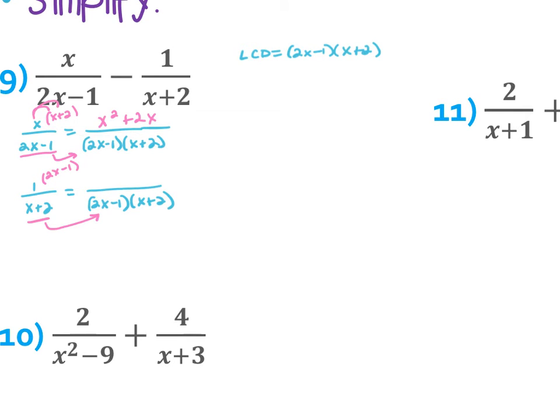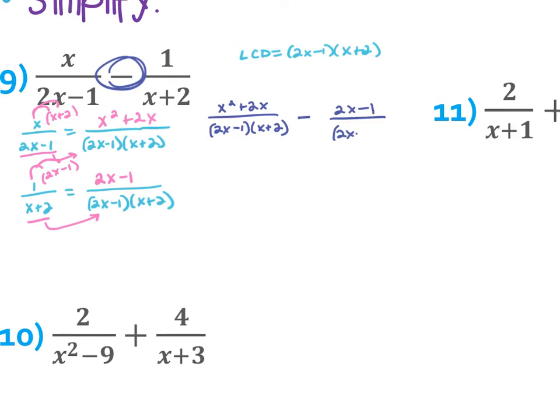There's a 1 there, so when I distribute the 1, I just get 2x minus 1. Now rewrite them: x squared plus 2x over 2x minus 1 times x plus 2. There's a minus in between, so I put a minus. 2x minus 1 over 2x minus 1 times x plus 2.